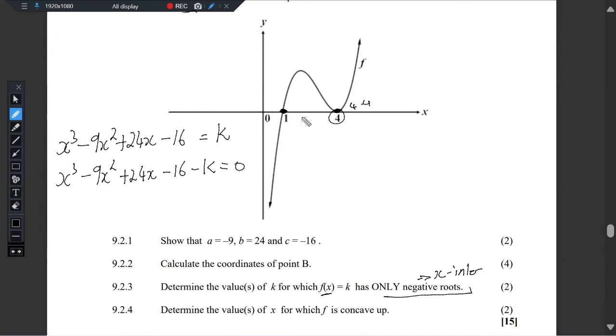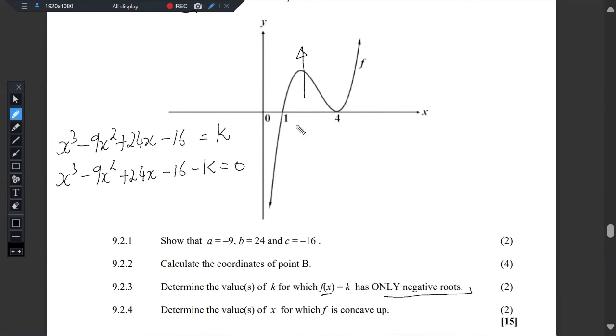Now you do understand that if we further push this graph downward here, then we won't be winning with this, because if we push it down, we'll still have positive roots. Now that means our chance of having negative roots is if we keep on pushing this graph further up.